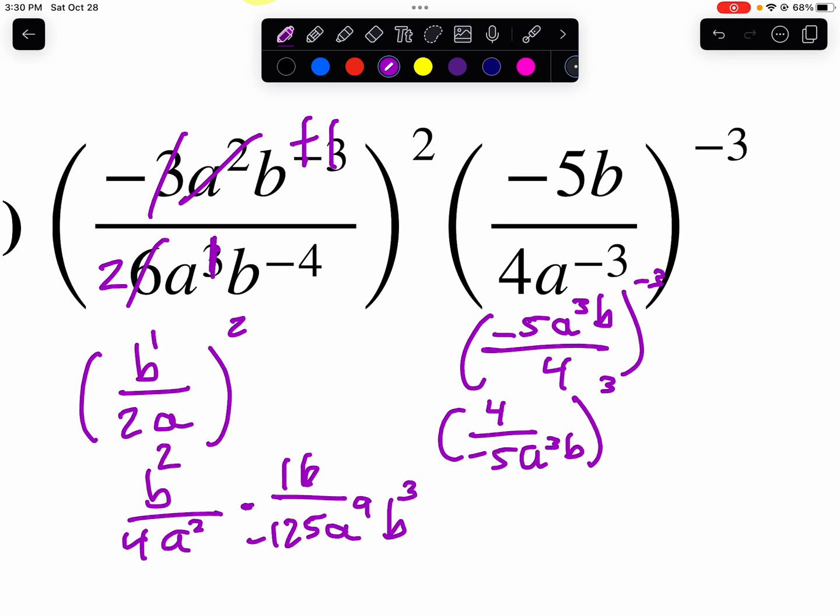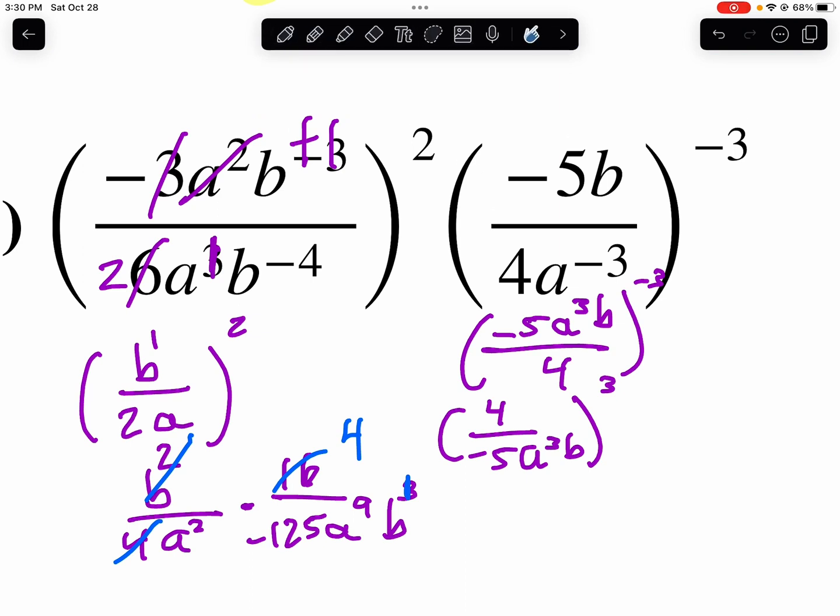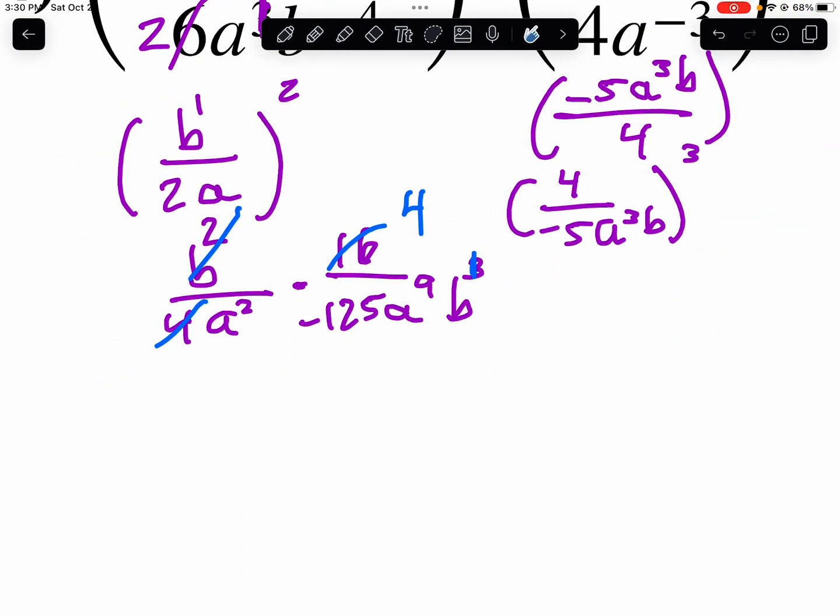Now look at, can I simplify anything? Well, yes, I can. 4 goes into 16 4 times. My b squared takes out 2 of my b's, so I get b to the first. Or 2 minus 3 would be negative 1, so I get b to the first in the denominator. Remember, a negative number does not do anything other than say it's negative.